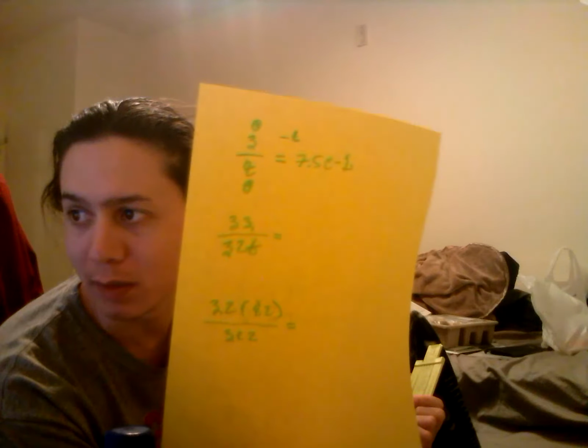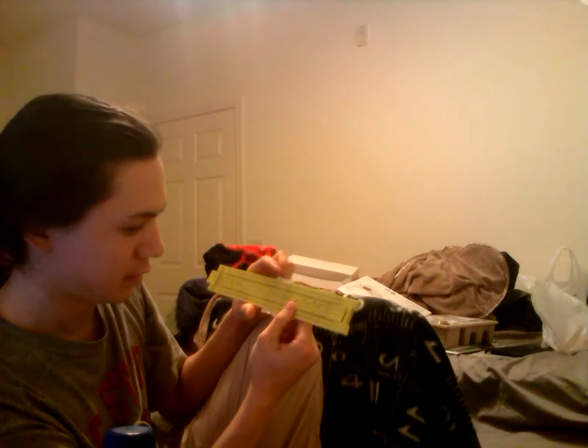Now 33 in the middle divided by 326. First what you do is you just take 33 right here, divided by 326. 3, 2, 6.